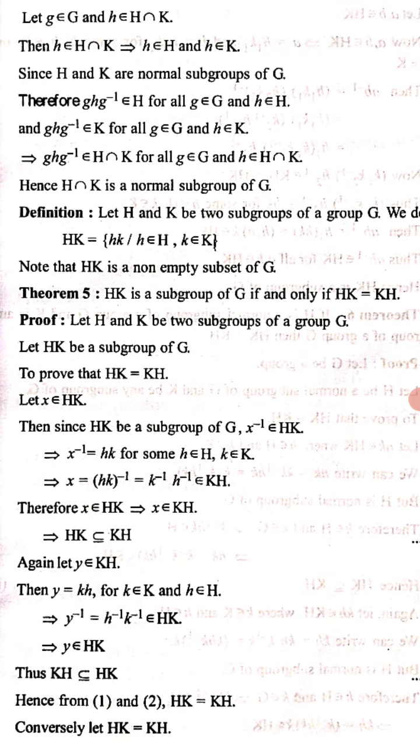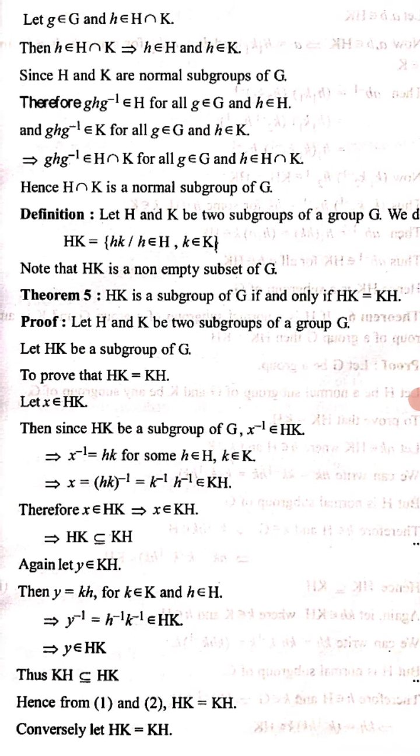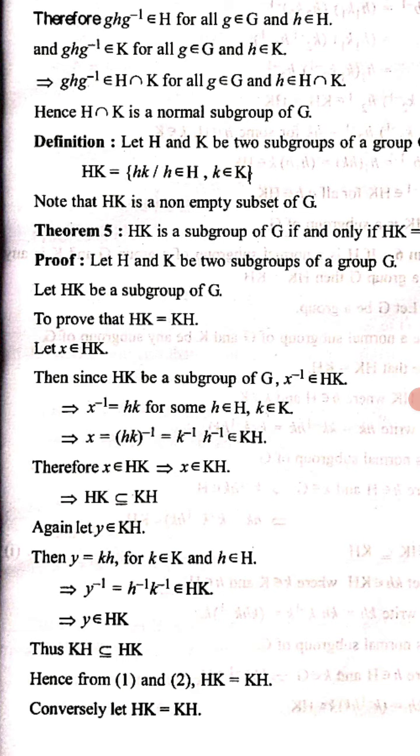Let H and K be two subgroups of a group G. Let HK be a subgroup of G. To prove that HK is equal to KH. Okay, so let x belong to HK.